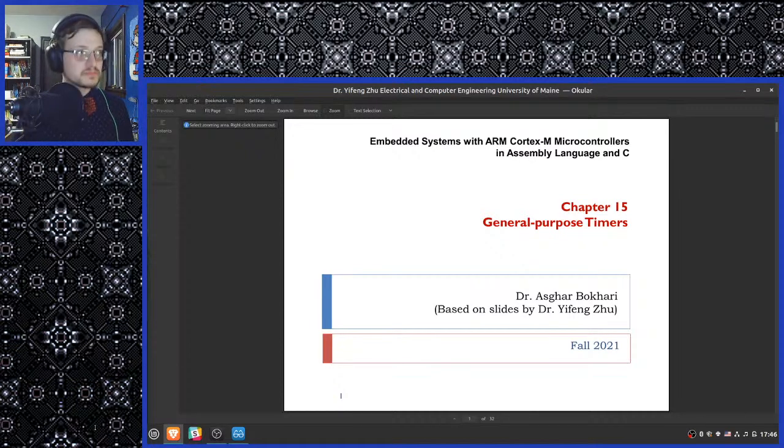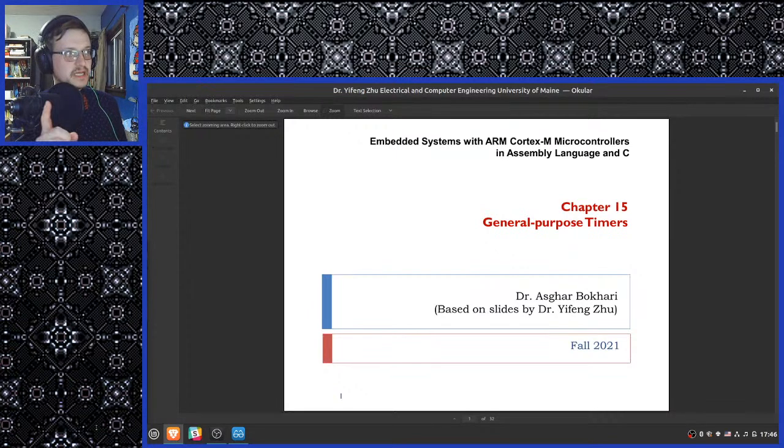So there are problems with expecting software to be able to time things accurately. Number one, unless you're programming in assembly, you don't have a good idea of what instructions are being executed when, because the compilation process is opaque to you. Because you don't know what commands are getting executed when, how can you time anything accurately?